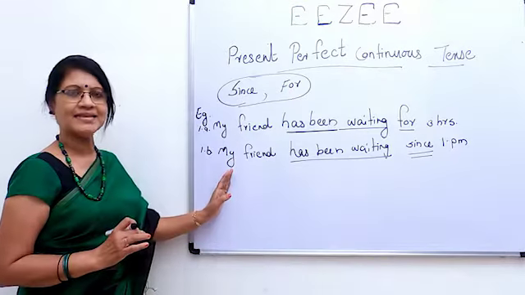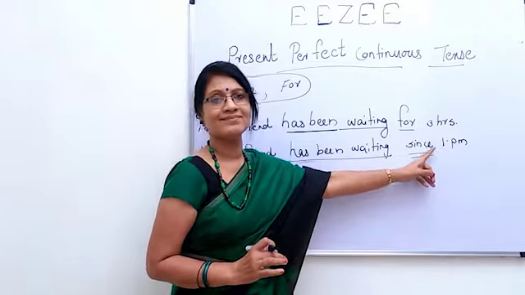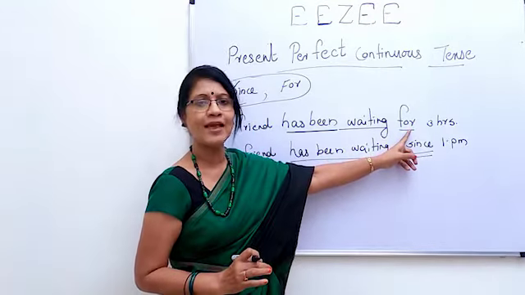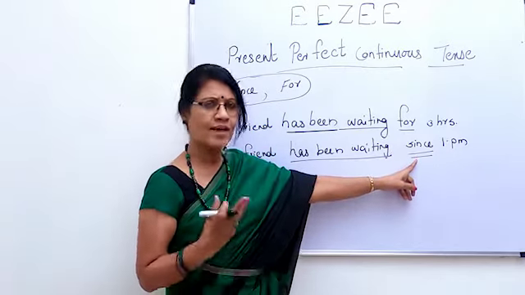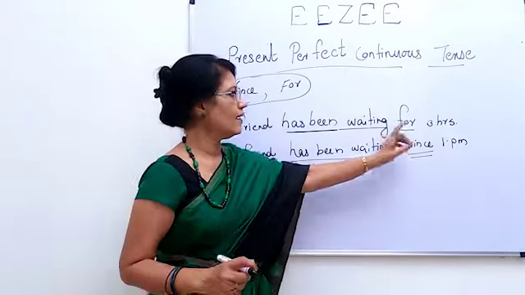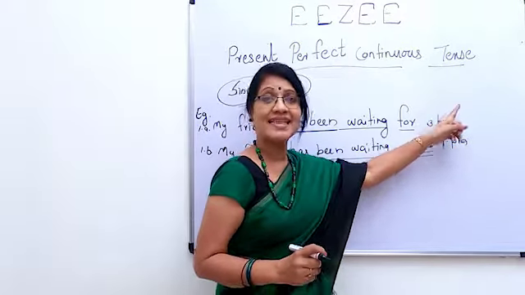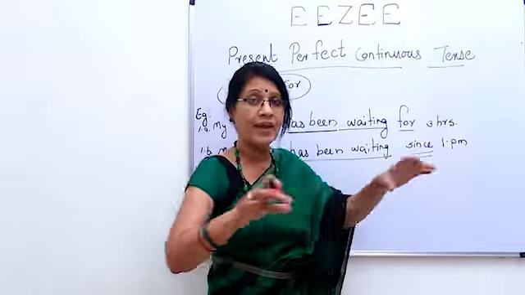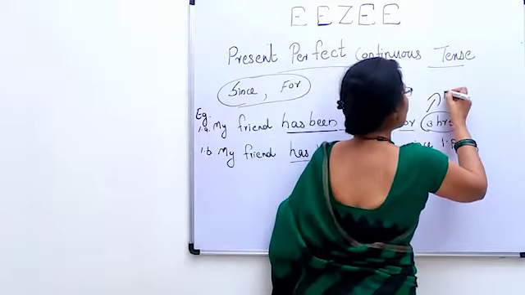The second sentence, my friend has been waiting since 1 p.m. In the first sentence I used for, and in the second sentence I used since. What is the difference? Here, for 3 hours. 3 hours means it's a duration of time, a period of time.